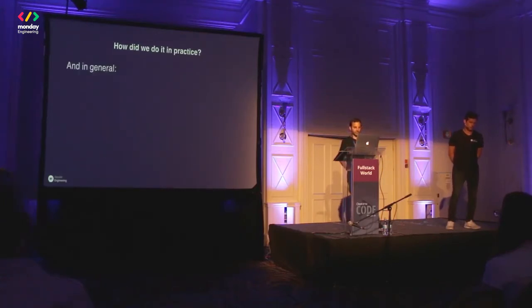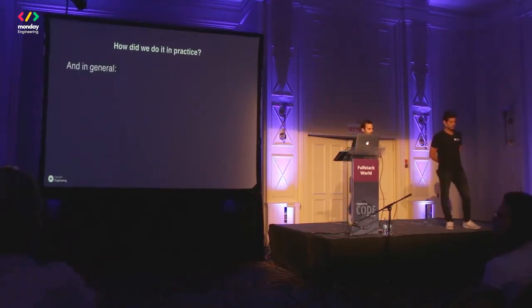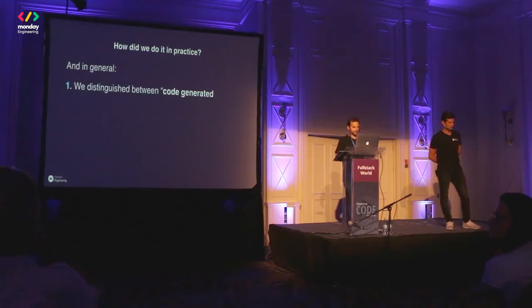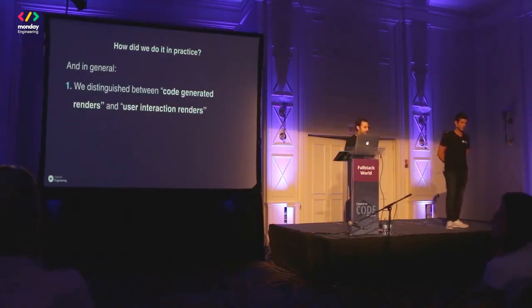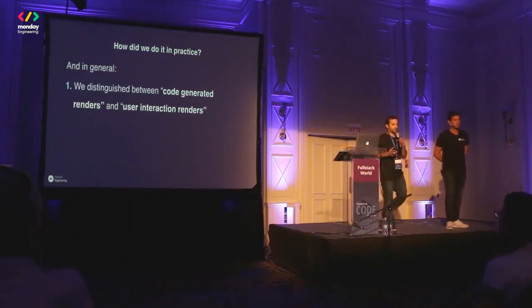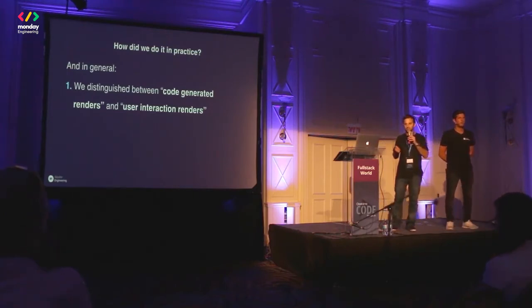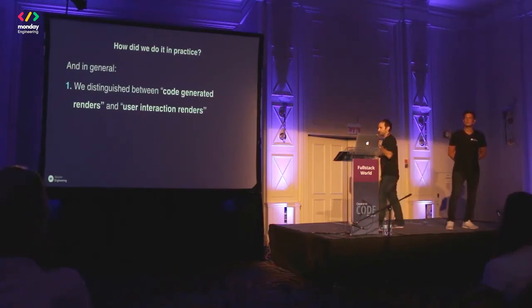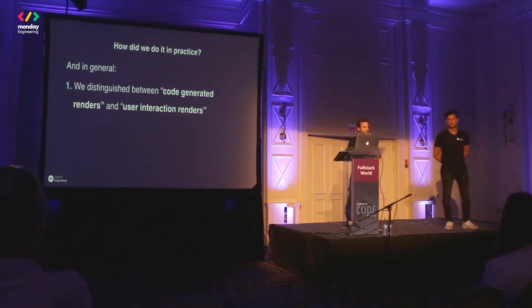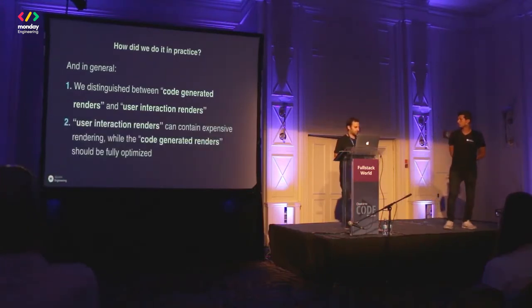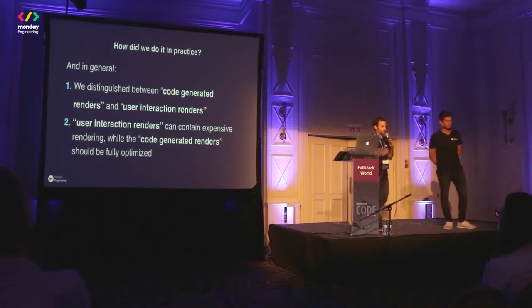Another important thing that we always keep in mind when we develop UI applications is that we try to make a very clear distinction between things that are rendered by what we call code-generated renders, which means things that are rendered in a for loop, in a map, and things like that, as opposed to things that are rendered as a result of user interaction.